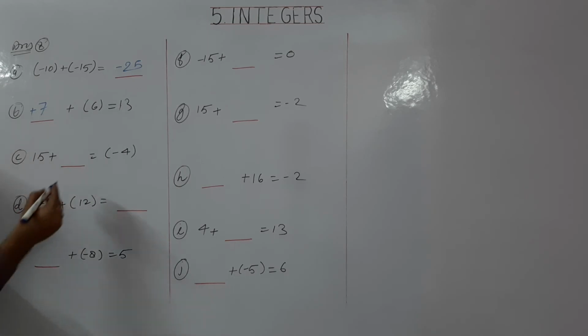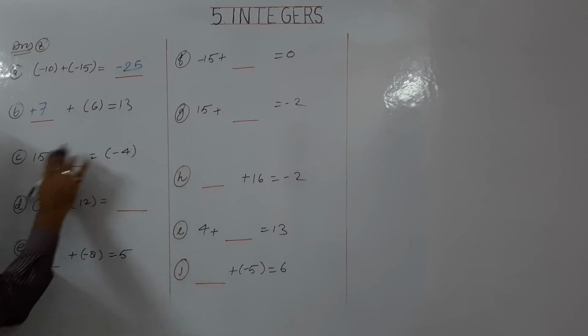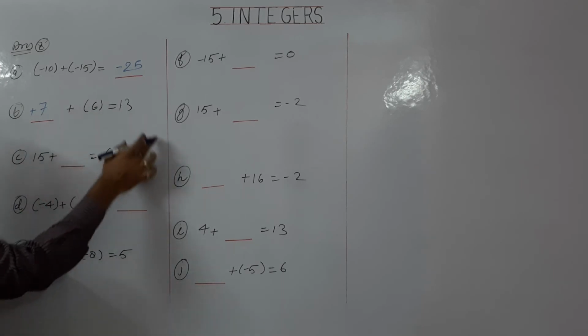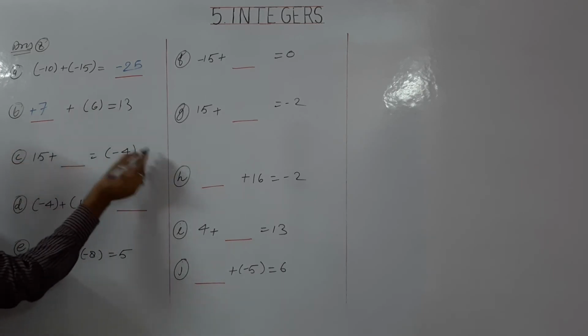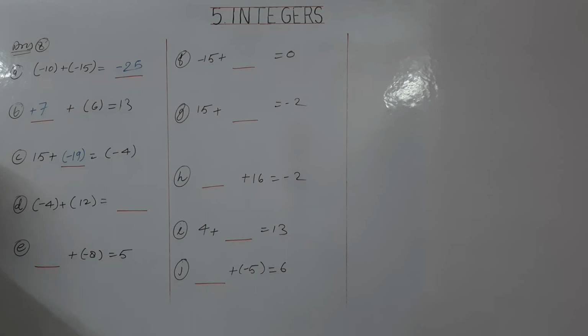Or you can calculate it by changing the place of 15: minus 4 minus 15. If you change the place of 15, here it is positive, there it will be negative. So the value is minus 19. 15 minus 19 is minus 4.